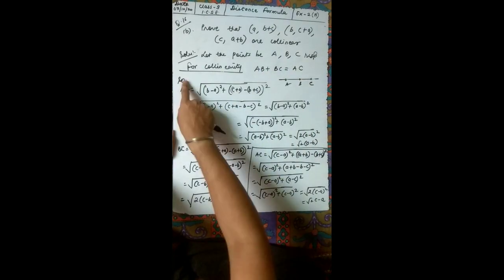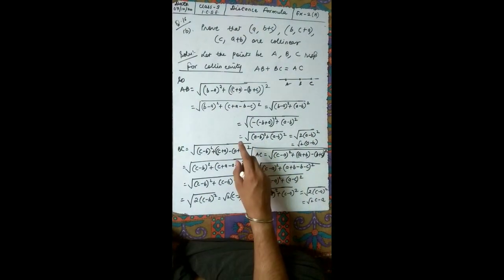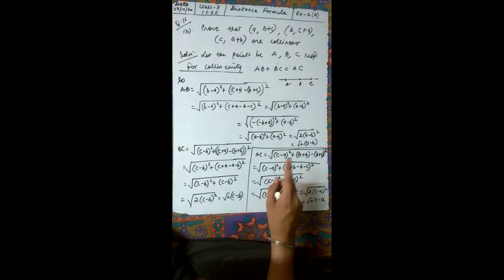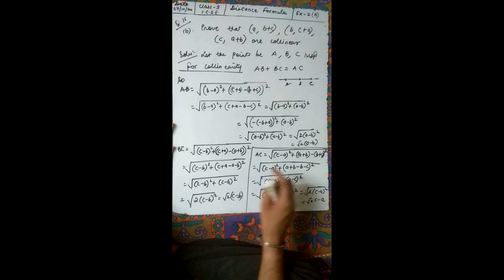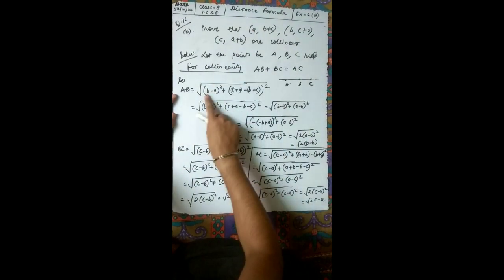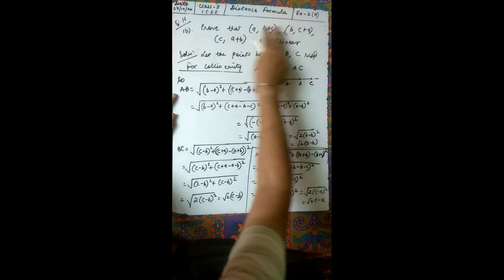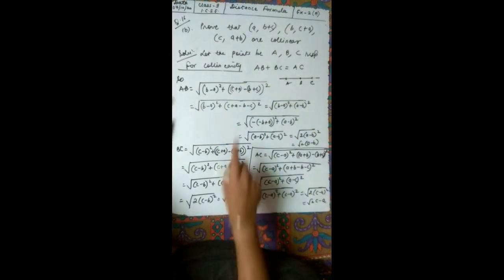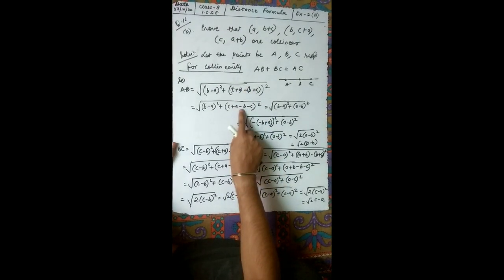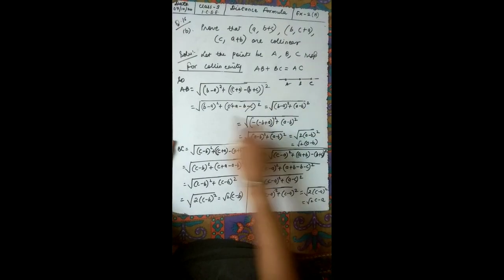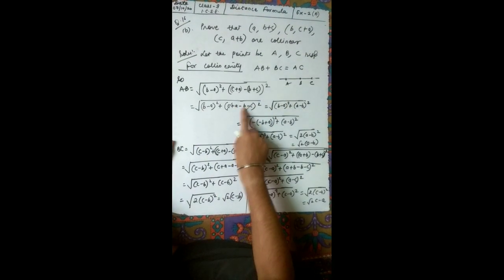Okay, let us find AB. This is A and this is B. AB will be the square root of (x2 minus x1) the whole square plus (y2 minus y1) the whole square, that is, (c plus a minus b minus c) the whole square. This minus will go inside, so minus b minus c, and here c and c cancel, so we are left with (b minus a) the whole square and (a minus b) the whole square.